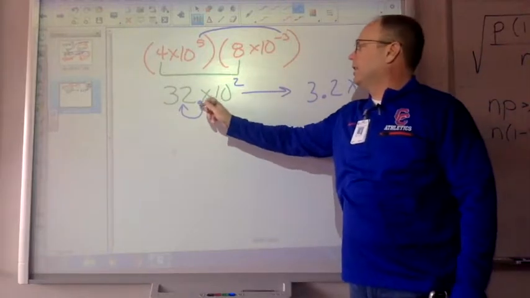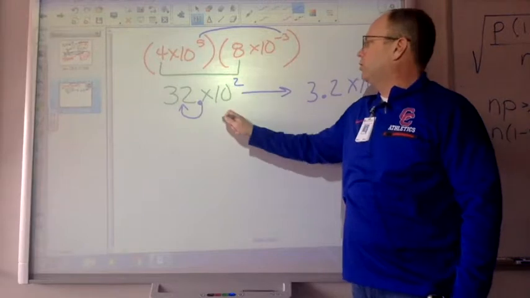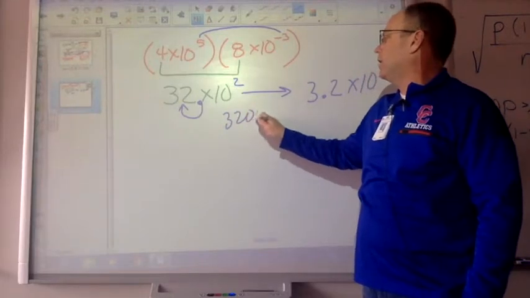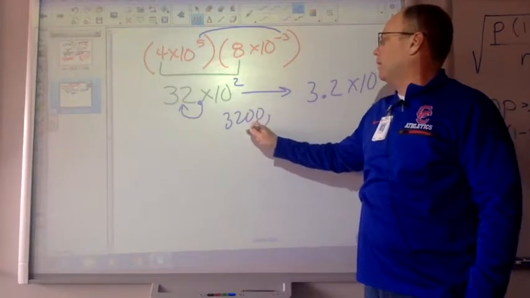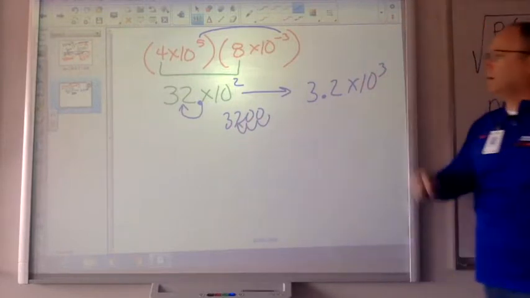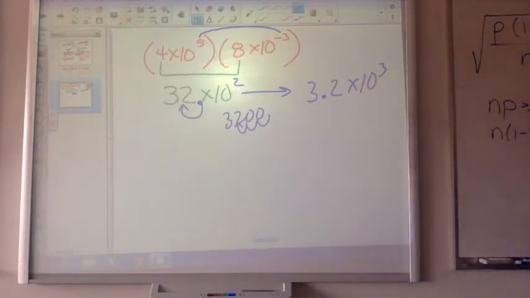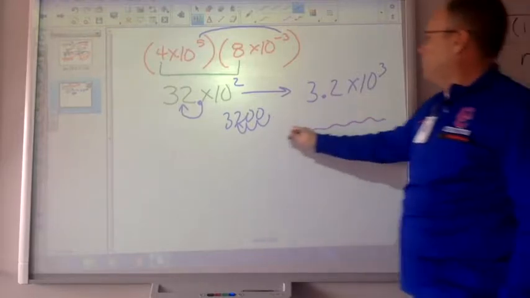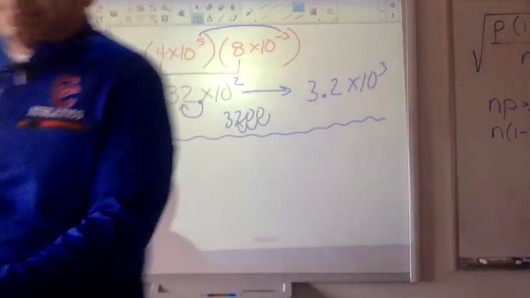Again, if you think about what this is, this means add 2 zeros, so 3200, where the decimal's here, and then you move backwards, 1, 2, and 3. That's where that 3 comes from. Is that all right? So will you try this one down here?